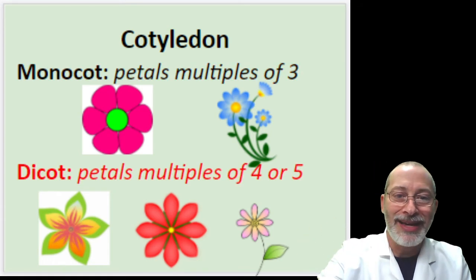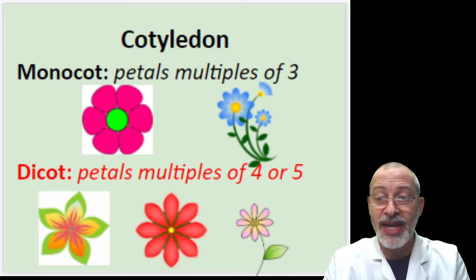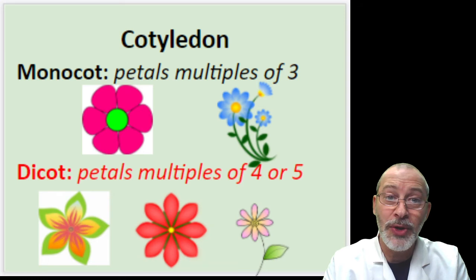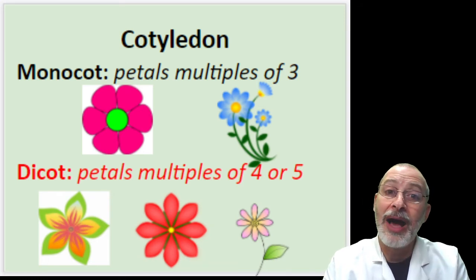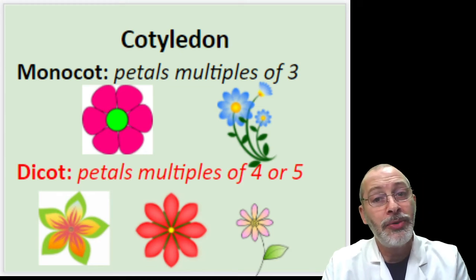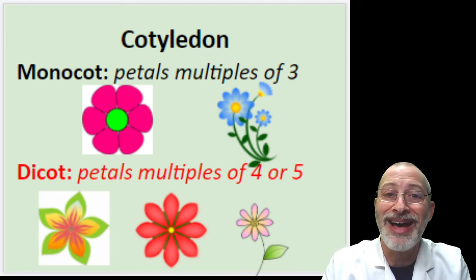Now, what about dicots? Well, let's look at dicots. You can tell a plant that is a dicot also based on the number of petals in the flower of that particular plant. If they are in multiples of either 4 or 5, then the seeds produced are dicotyledons.